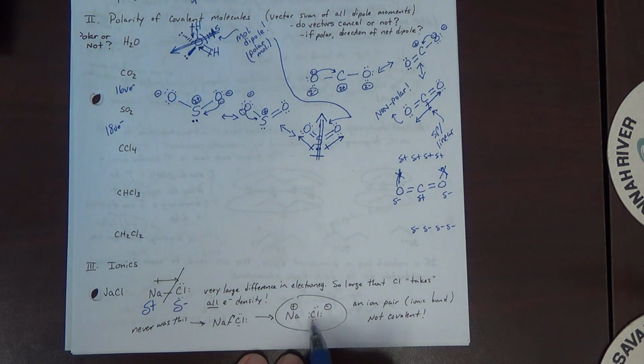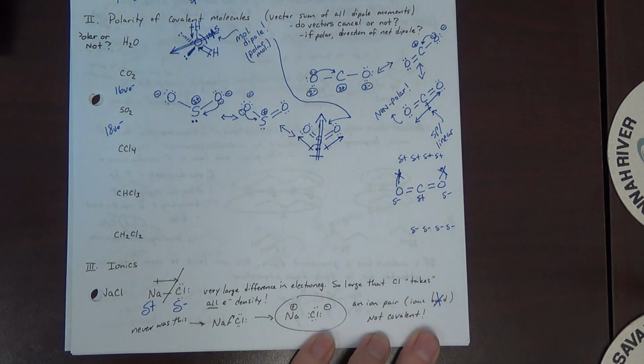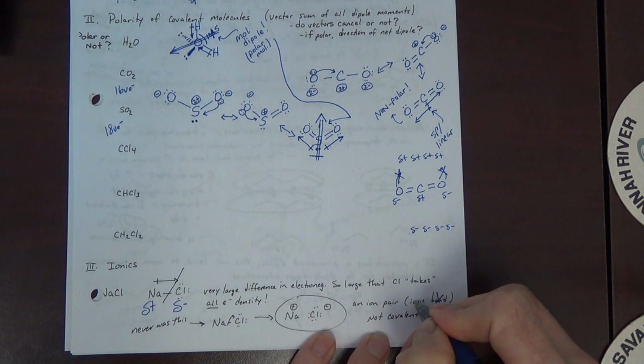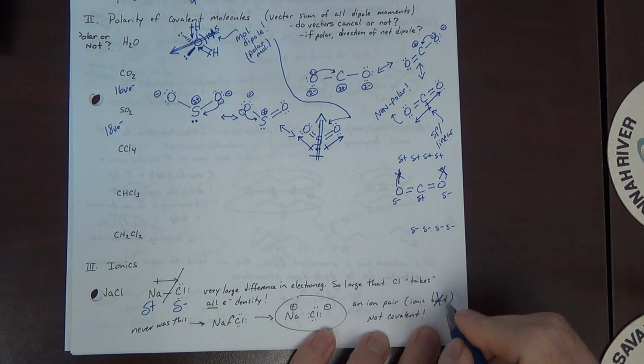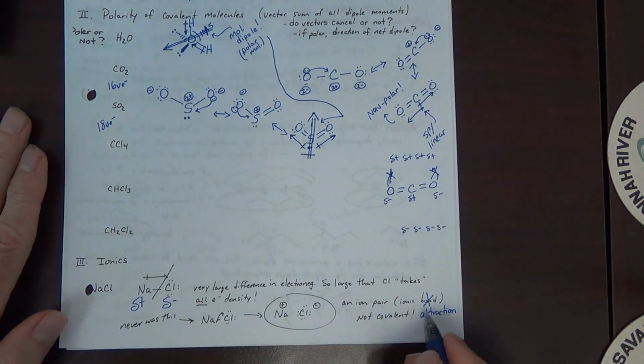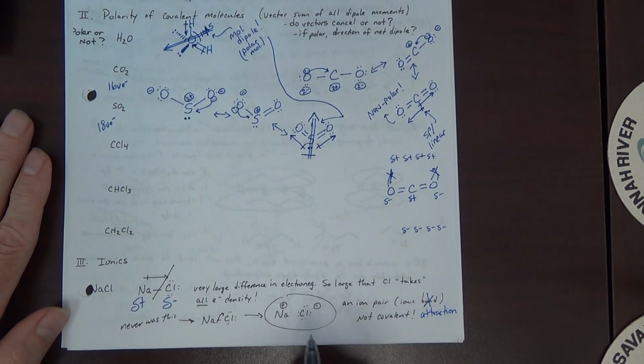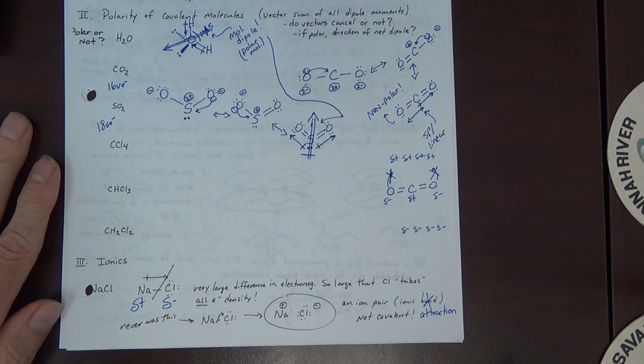And this is sort of the extreme of polarity. But I caution you, I actually would not call it an ionic bond. And in Gen Chem, I would have said, let's call this an ionic attraction. Because I want to keep you out of trouble. And if you don't call it a bond, you'll stay out of trouble a little bit better.